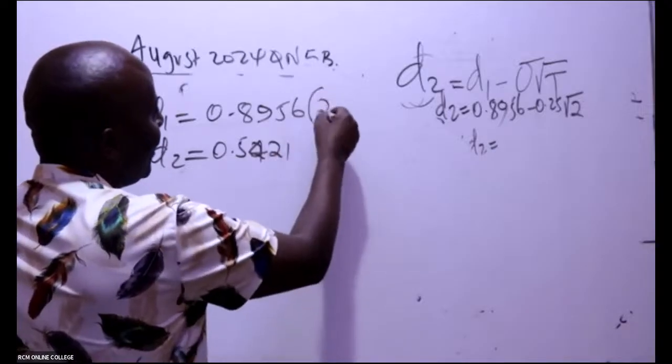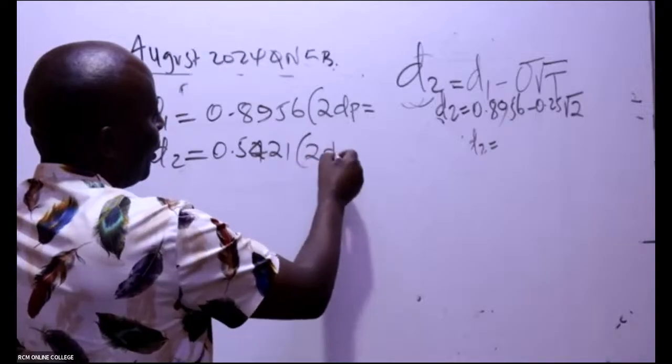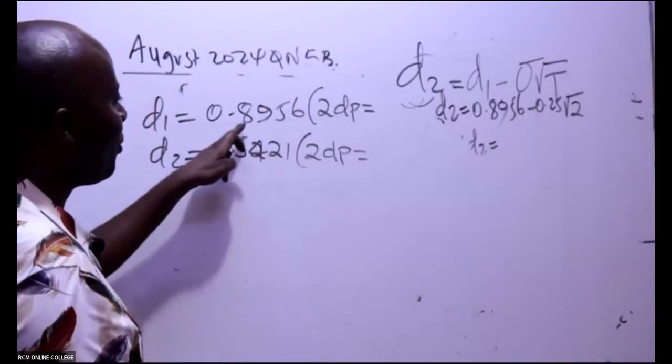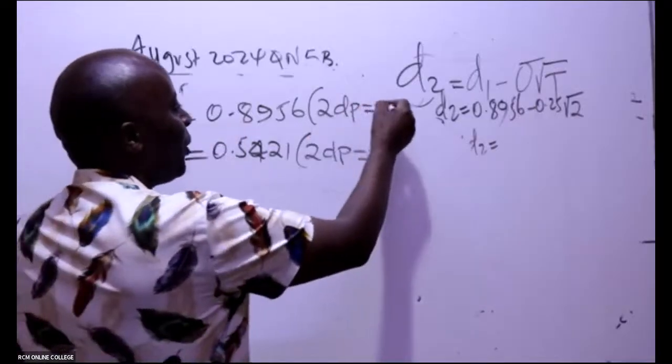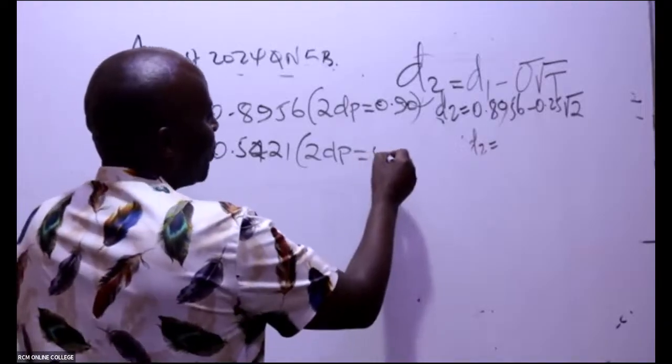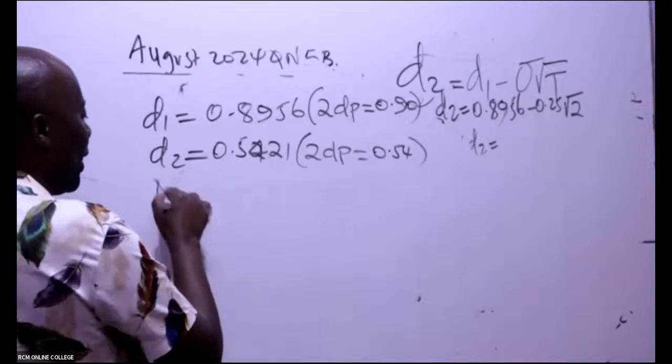Please now change this to 2 decimal places, for us to be able to read this from our tables. So D1 will be 0.90, and D2 will be 0.54. From there we go to normalization.